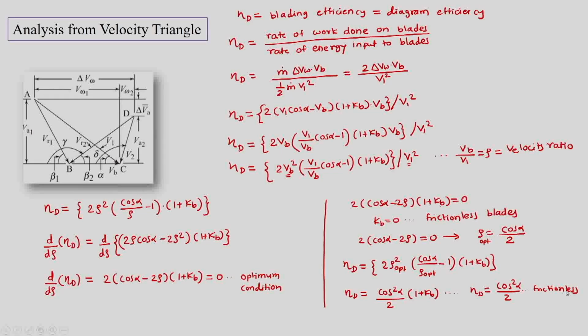In general, alpha is kept in the range of 16 to 22 degrees. So that is where we can know the optimum efficiency of the blades.